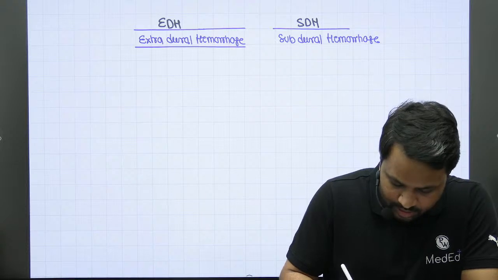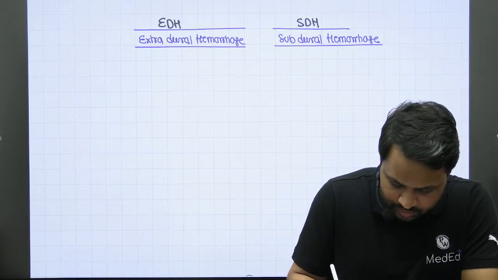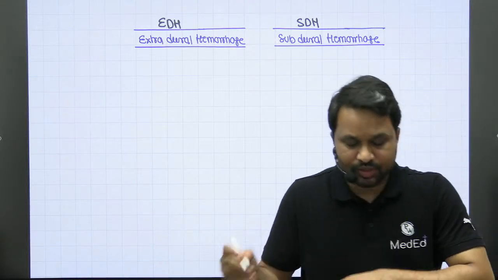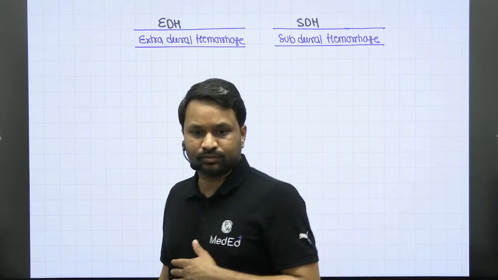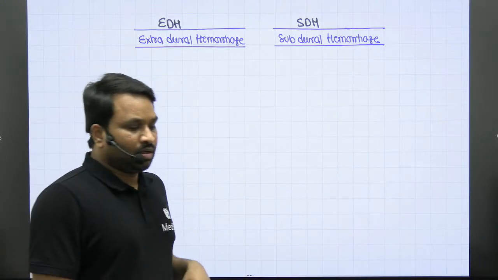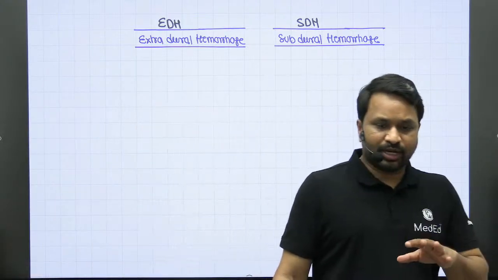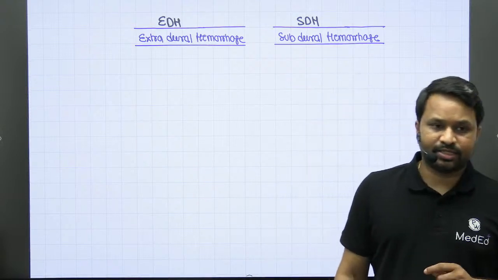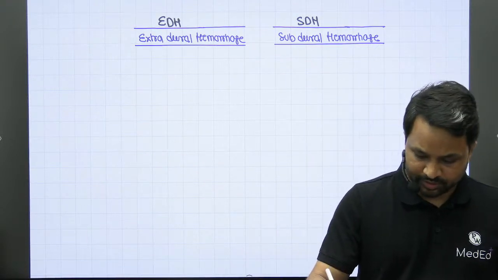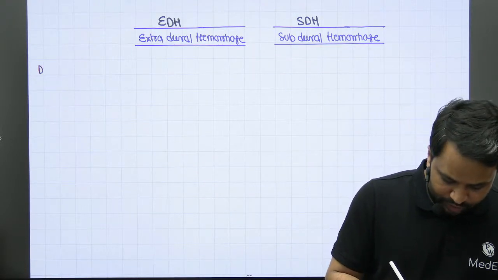So we have the EDH and the SDH, that is extradural hemorrhage and the subdural hemorrhage. The guys will take the doubts at the end, right? The first one is going to be the definition.